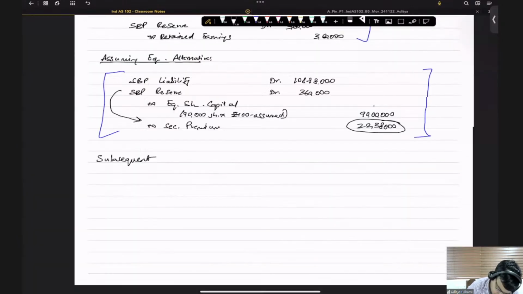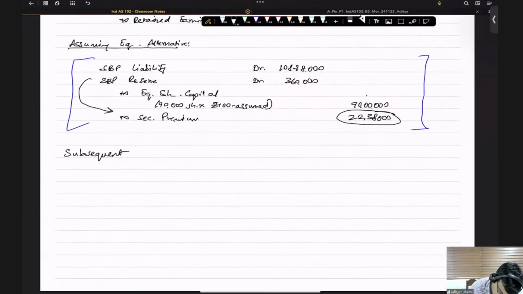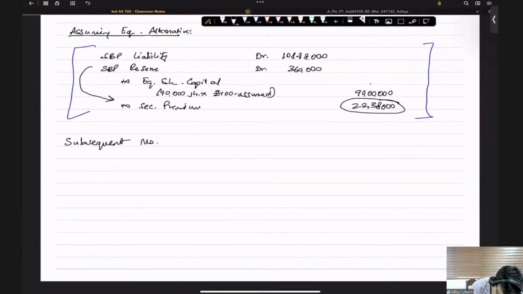Subsequent modifications in exercise price, that is repricing of options.